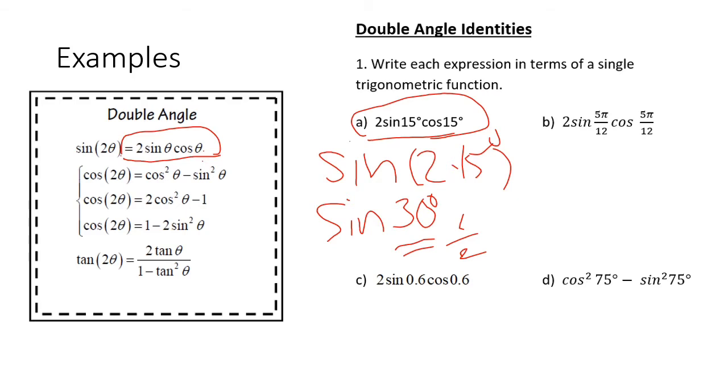Now if we take a look at B, it's in the same format. 2 sine of an angle, cosine of an angle. So this is also going to be sine 2 theta. So we're going to have sine 2 times 5 pi over 12.